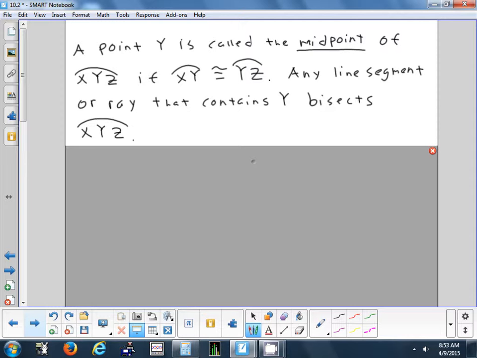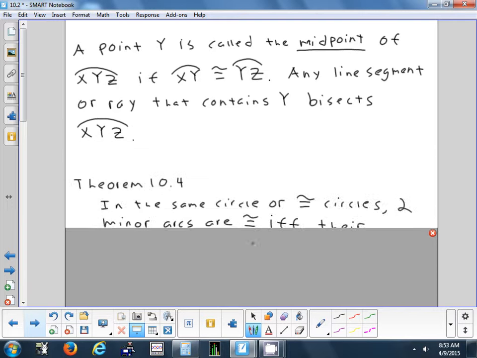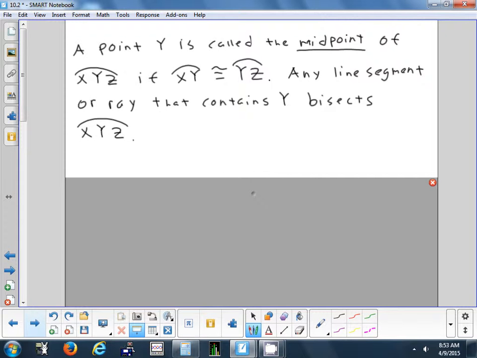All right, what does it mean if you have a midpoint? Well, in a segment, it basically means it's a point that if you measured the distance from that to the end point and that to the other end point, it would come out the same. Well, it's the same idea here. So let me make a sketch of that.